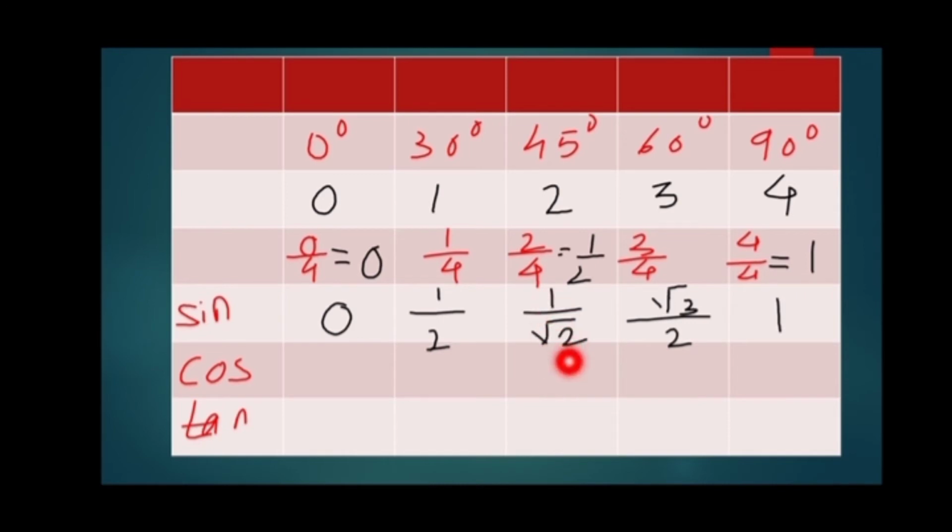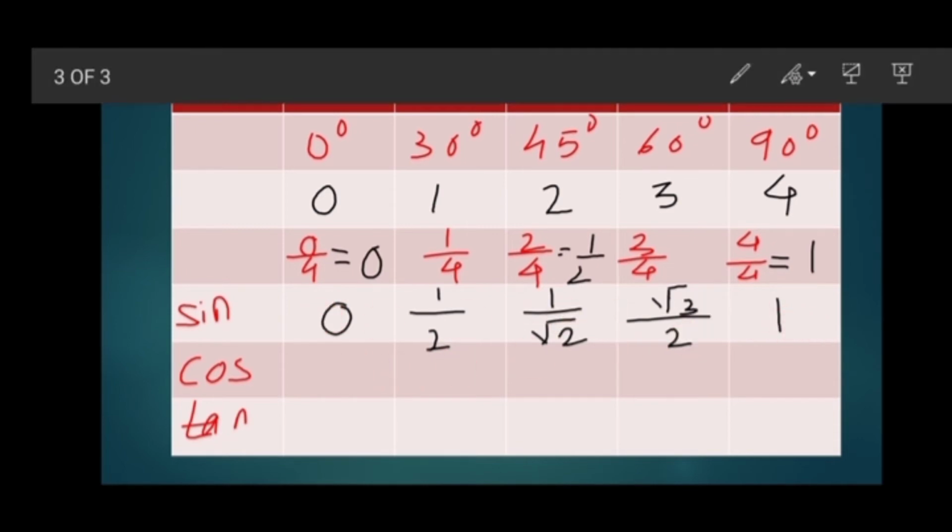Sine 30's value will come to cos 60, and sine 0's value will come to cos 90. So by taking reverse order, you will get 1, then root 3 over 2, then 1 over root 2, then 1 over 2, and then 0.